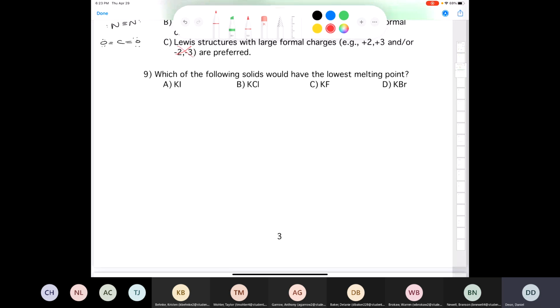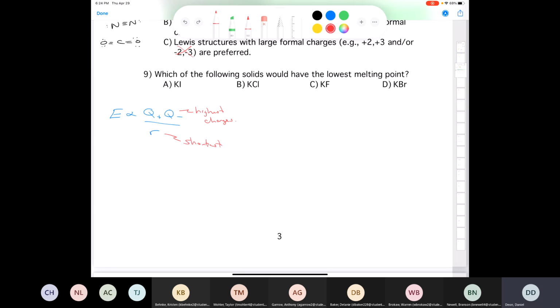Which one of these would have the highest melting point? Well, you remember Coulomb's law, which states that the force of attraction between the cation and the anion is the product of the charges of the cation and the anion divided by the distance between the two nuclei. The shortest distance causes the greatest force of attraction, and the highest charges result in a higher force of attraction between the ions.